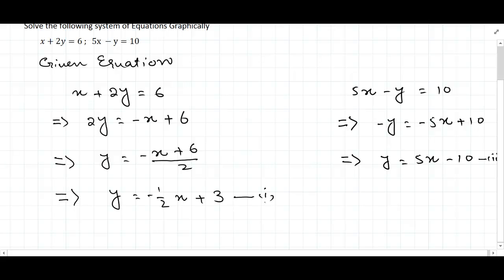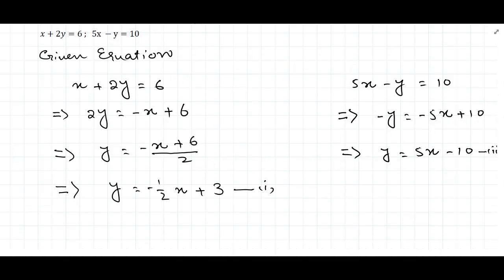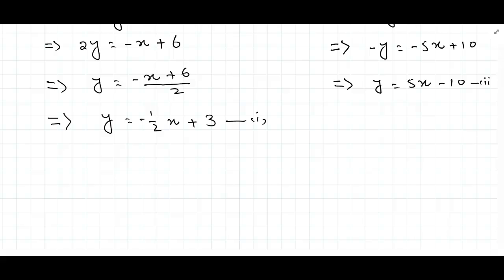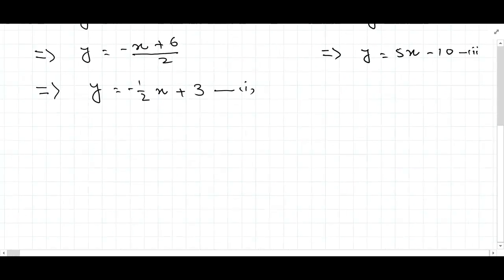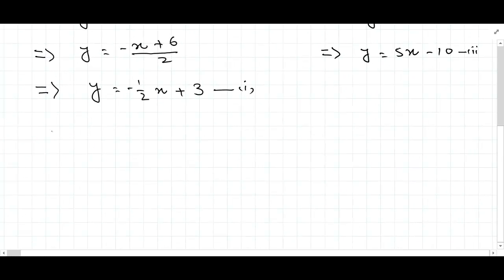Now for the next step, we will require a table of values for both equations, so we will do that side by side as well. For this equation, let's write down x, and the values of x we will choose will be multiples of 2 because 2 is in the denominator.